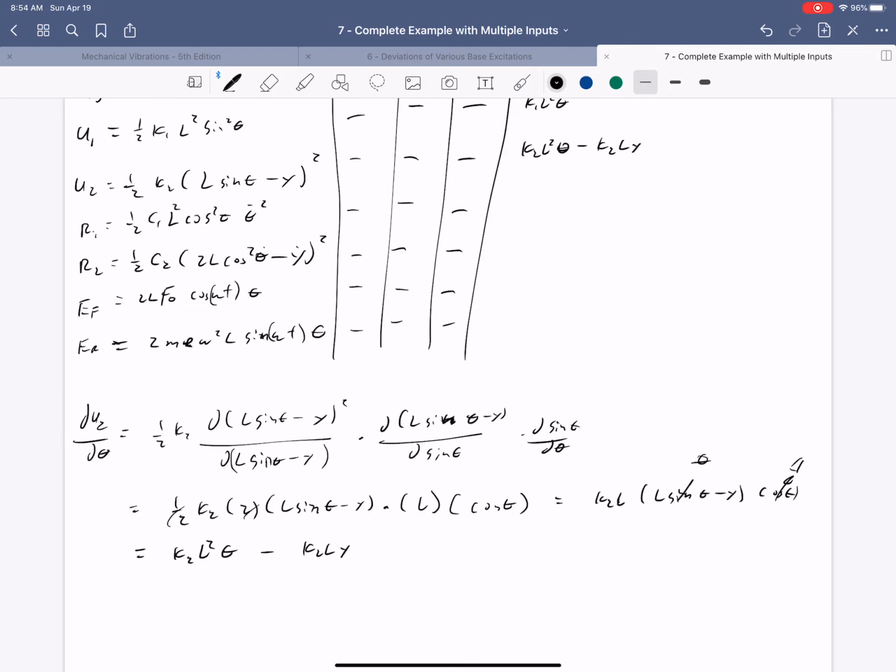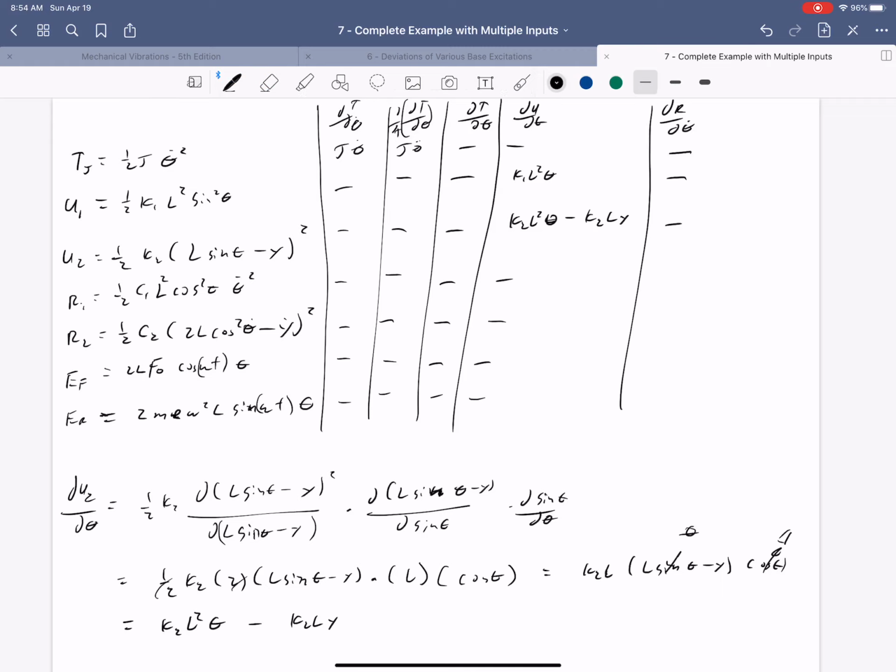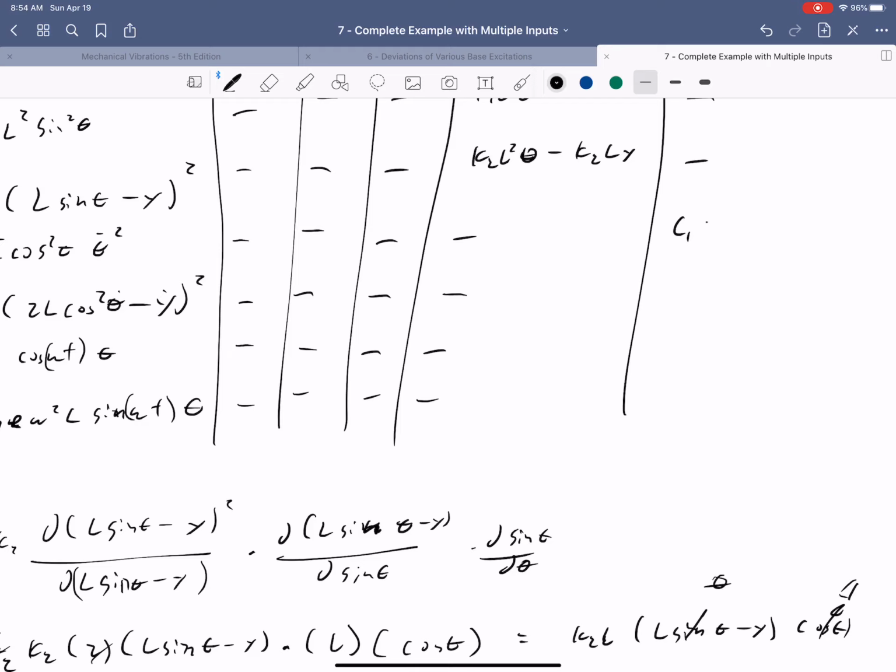Now, this next one, that takes care of that row. And now we have dR/dθ dot. And this becomes C1 L squared θ dot. Let me write that a little bit neater. C1 L squared θ dot. We know that.